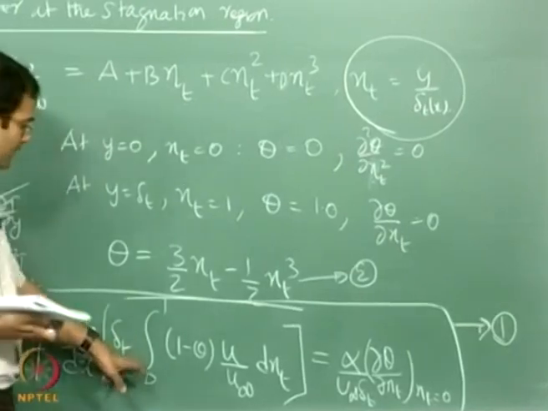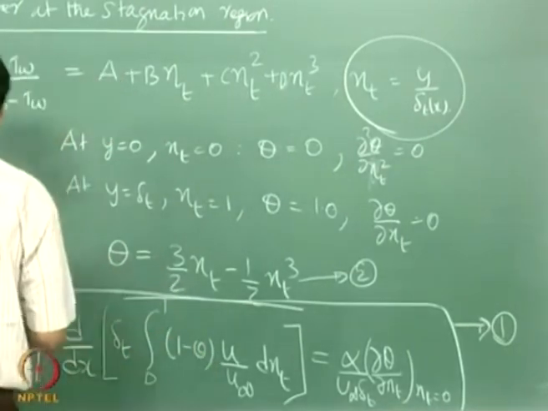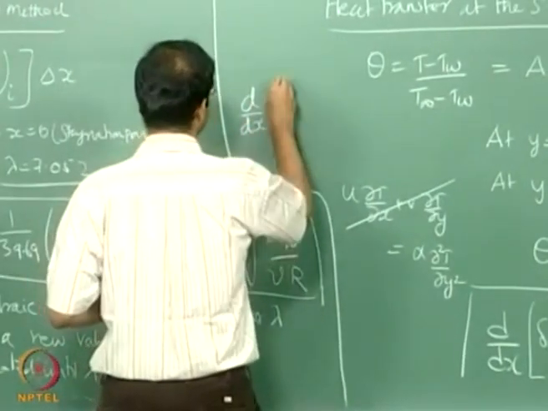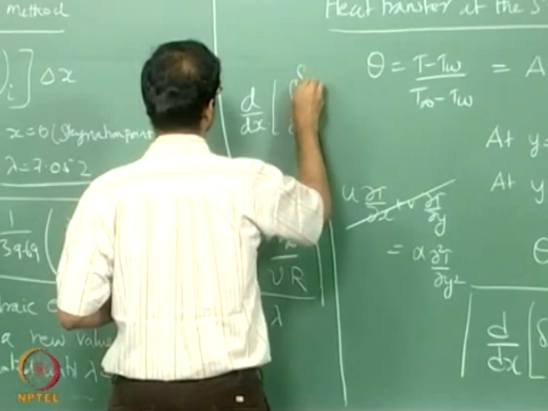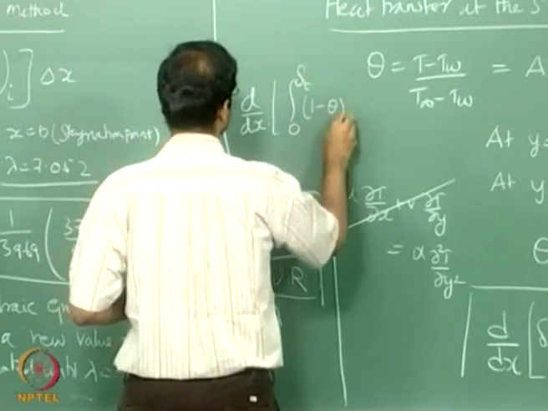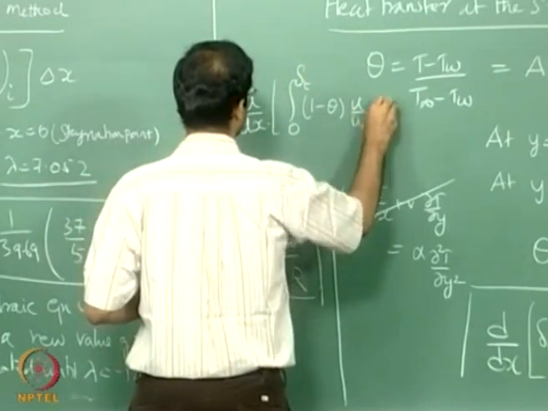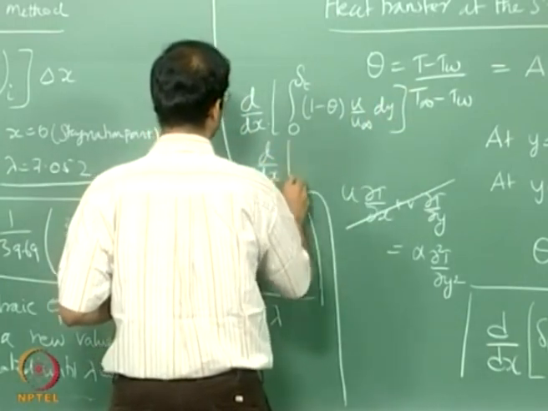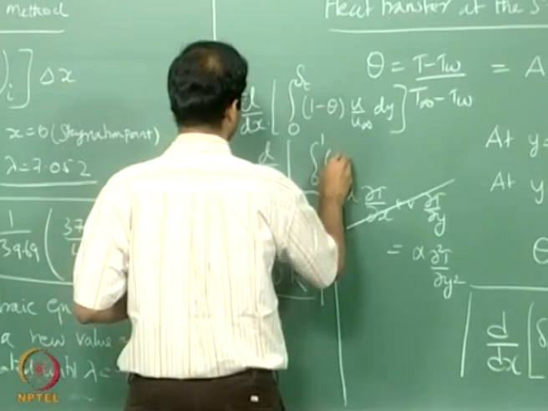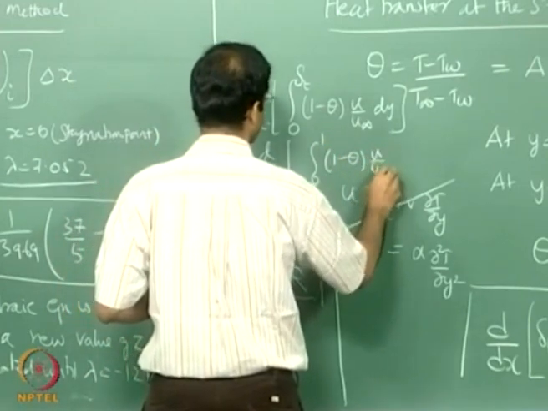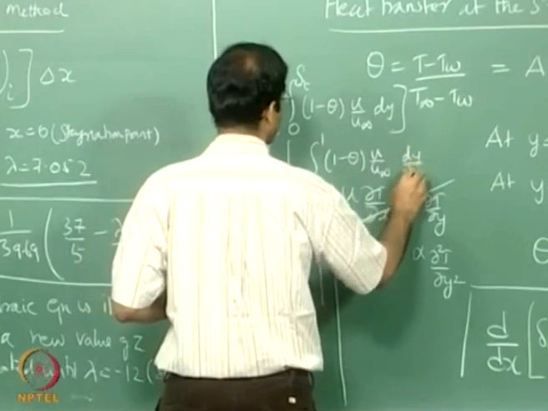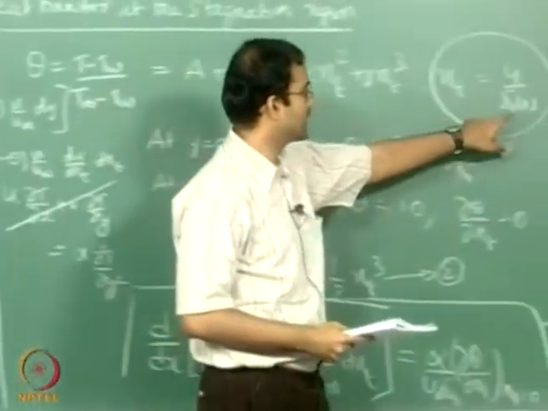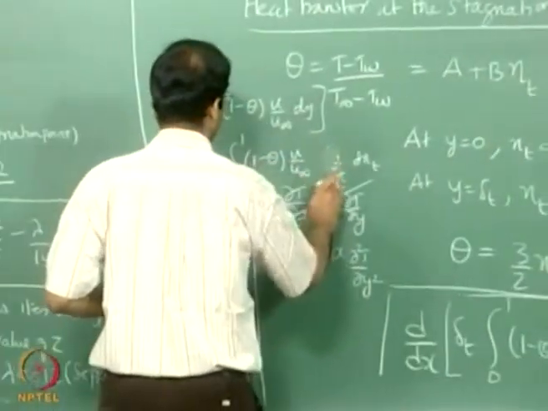All of you are familiar with this. If you want me to expand again from the basic equation, d by dx of integral 0 to delta t, 1 minus theta, u by u infinity, dy. I am writing this in terms of eta, so 0 to 1, 1 minus theta, u by u infinity, into dy by d eta t into d eta t, and dy by d eta t is nothing but delta t. That's how this factor delta t comes.